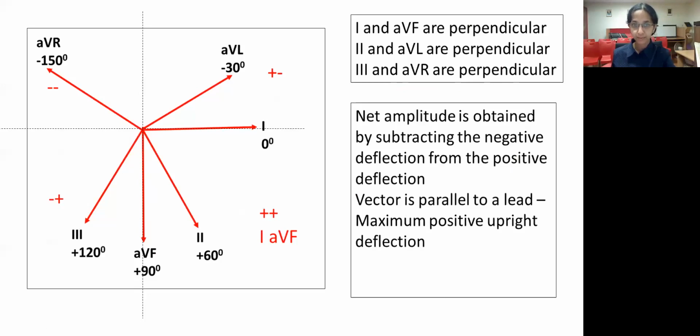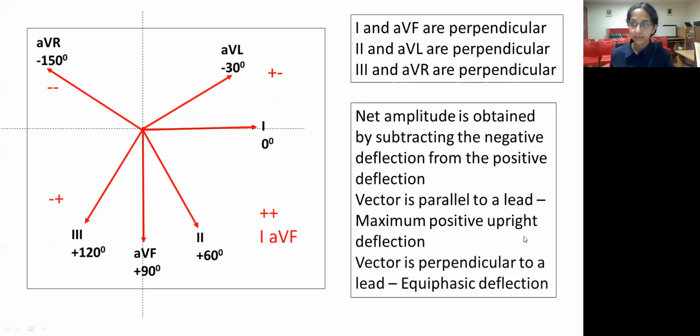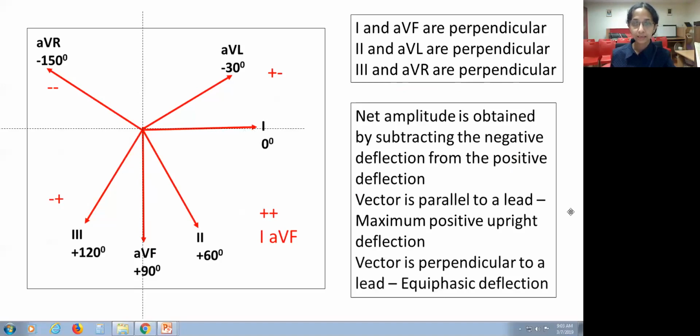For example, if my lead 1 has the maximum QRS, then my vector is going to be parallel to lead 1. And the vector is perpendicular to the lead where there is an equiphasic deflection. Equiphasic means I have the same R and the same S in lead 1. Then it's going to be perpendicular to lead 1. That means it's going to be in this direction.